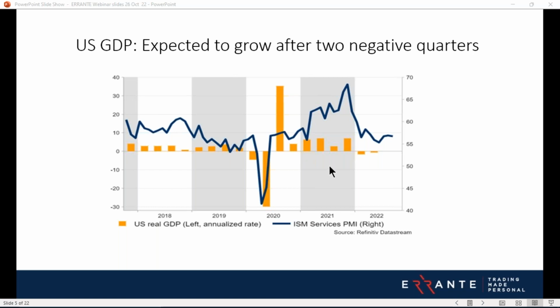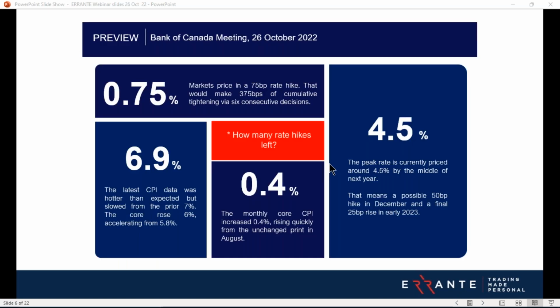Firstly, we get the Bank of Canada meeting. You've got a graphic here of generally what has been going on and some of the key numbers. But the key question is how much the Governing Council at the Bank of Canada will be debating whether it's time to scale back the pace of tightening, as a number of recent economic signposts have been more unnerving.